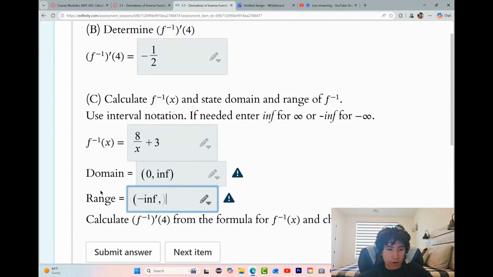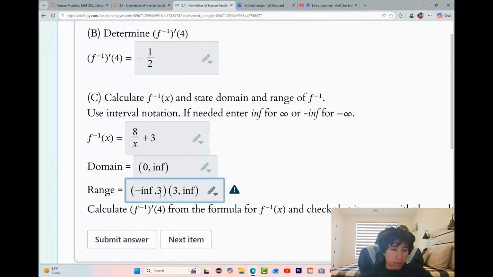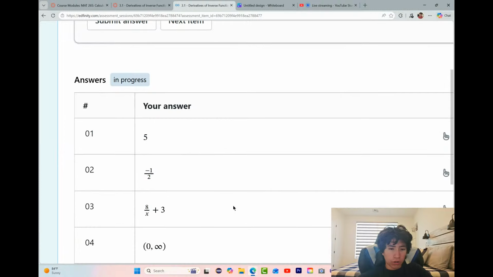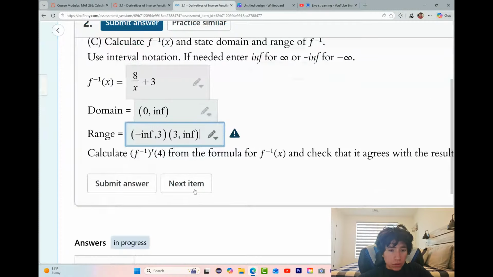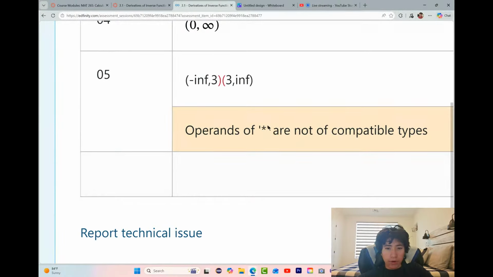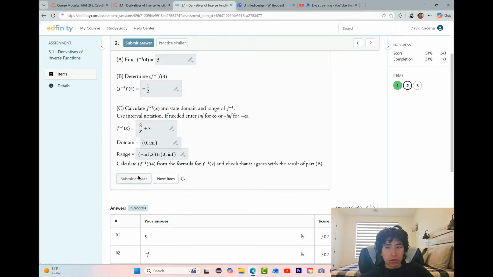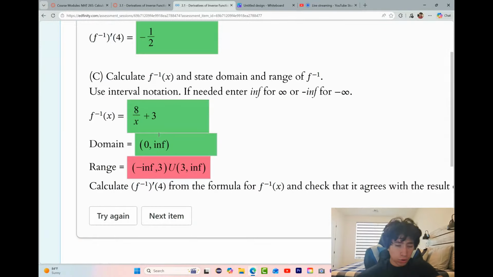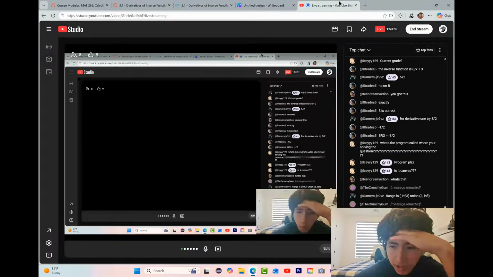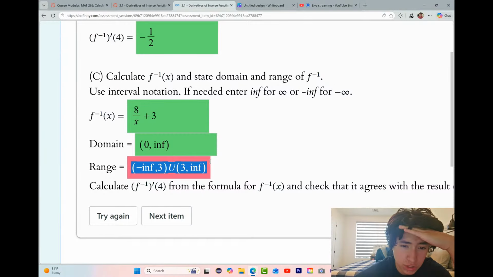Getting a little desperate here. 3 all the way to infinity. And that doesn't work? What? I don't have any of those though. Okay, so it looks like 0 to infinity is correct. But this one is not.